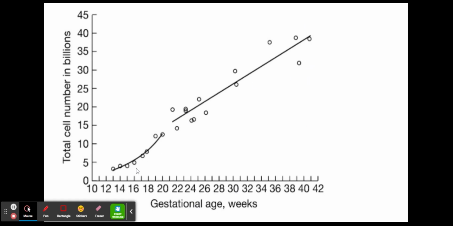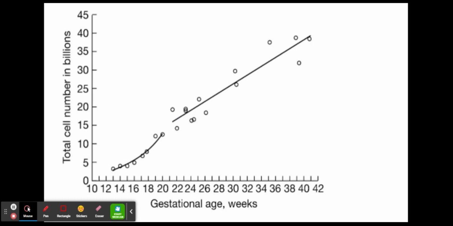So this is before the baby's born. And look, we've got total cell number in billions. What happens to the number of cells in that baby when it's in the mother's womb? Well, that number of cells increases by billions and billions and billions. Where do those new cells come from? Those new cells are coming from cell division, from mitosis.